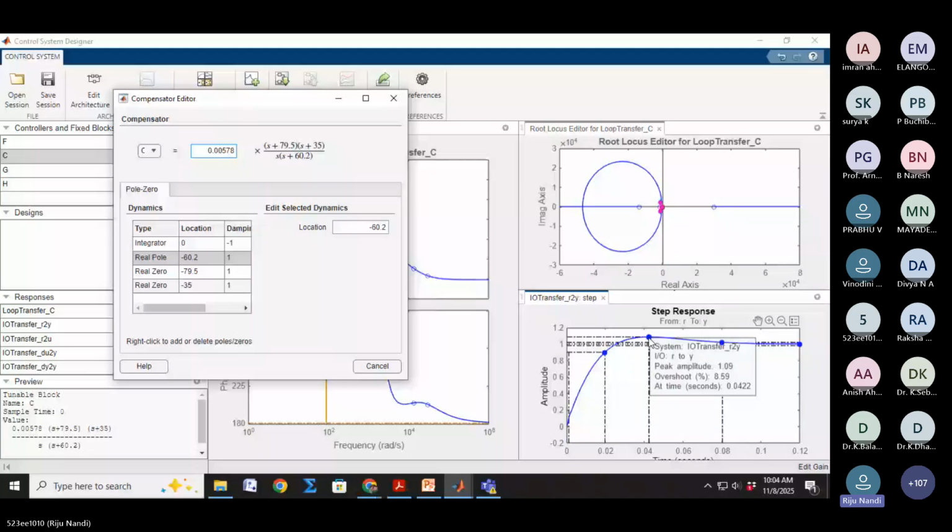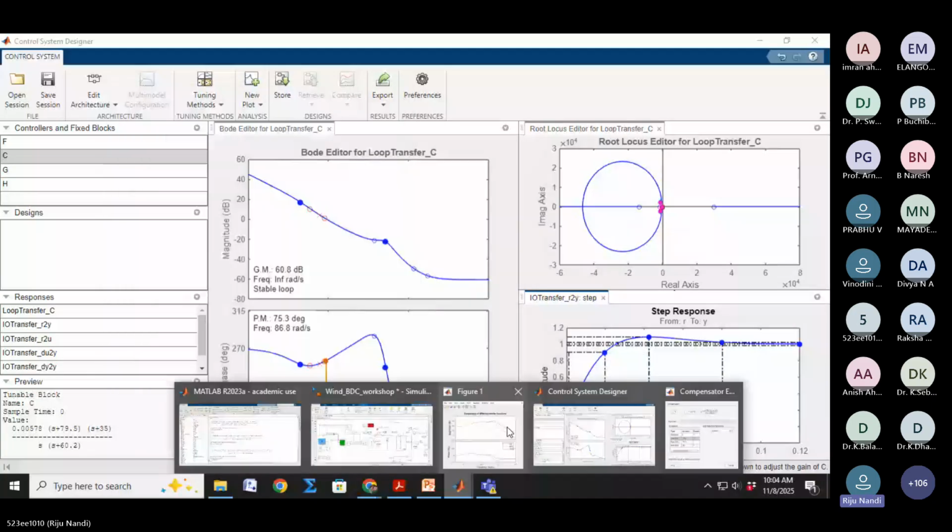This is the rise time, 0.0186, and this is the transient time. Now I have one more part to do.